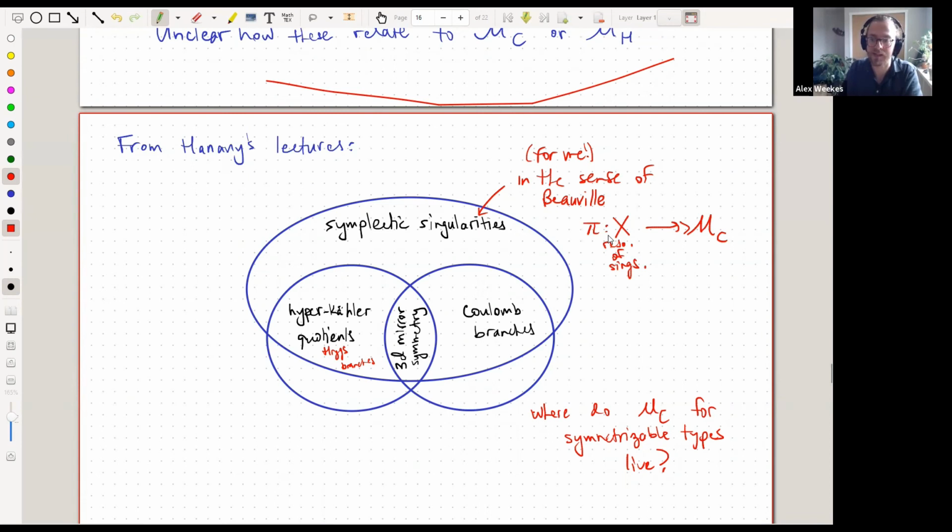What you need to check is this: I talked about how this Coulomb branch has a Poisson structure, and actually it's a holomorphic symplectic form on the smooth locus of the Coulomb branch.